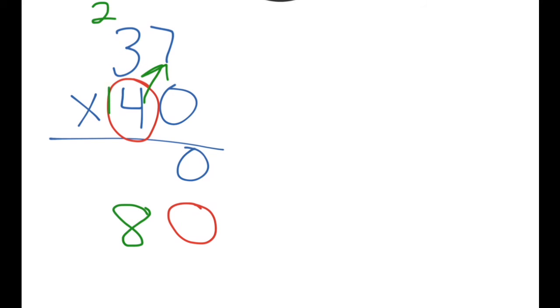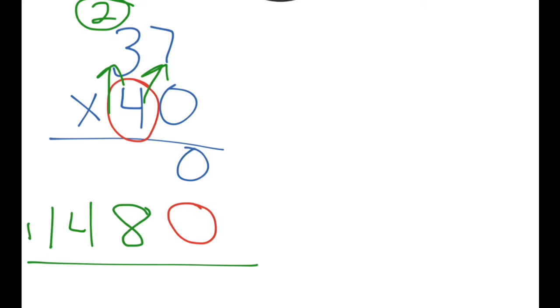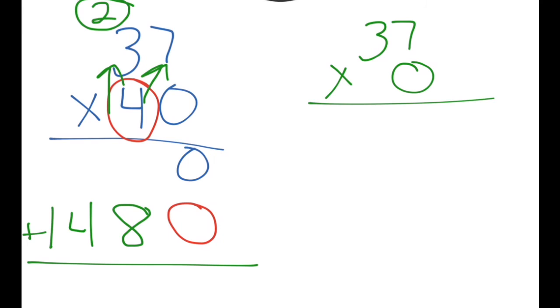The next thing I'm going to do is 4 times 3. And 4 times 3 is 12. Plus my 2 up here, which will give me 14. So I'm going to put my 14 down here. Normally, I would have to add the sum of 37 times 0 plus 37 times 40.